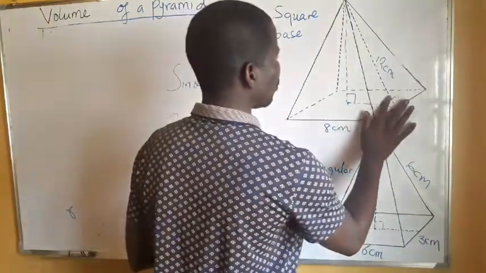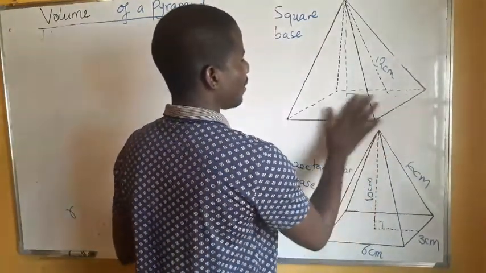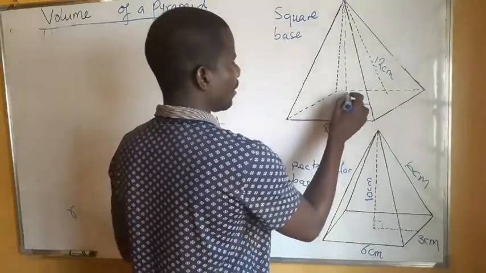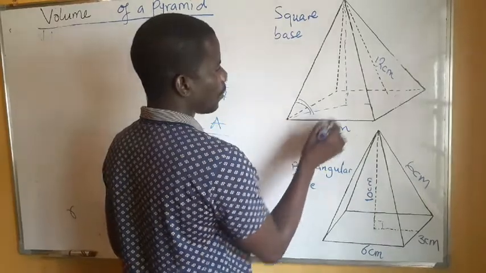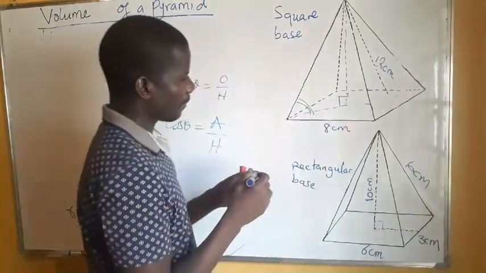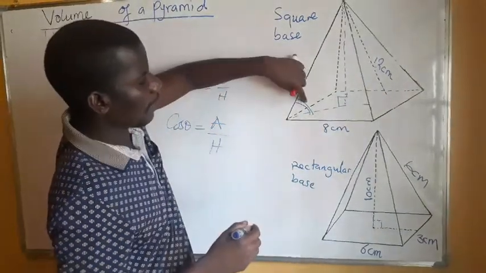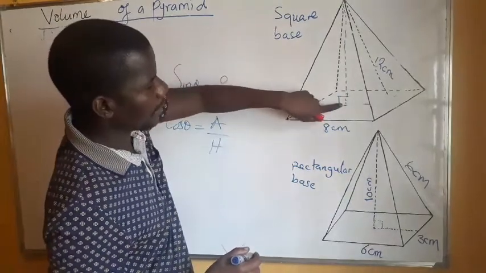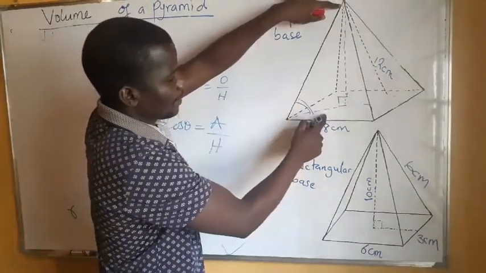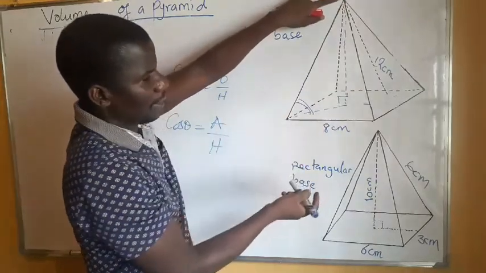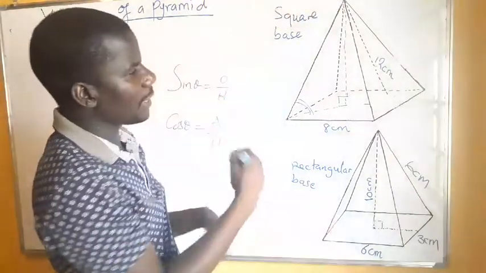Sometimes they'll ask you to find this angle. So you should still be able to know that, okay, if they want me to find this angle, and you are given this one, and this one, this is the opposite and the adjacent. So you're going to use tan. Okay? It's very important, depending on what you're given.